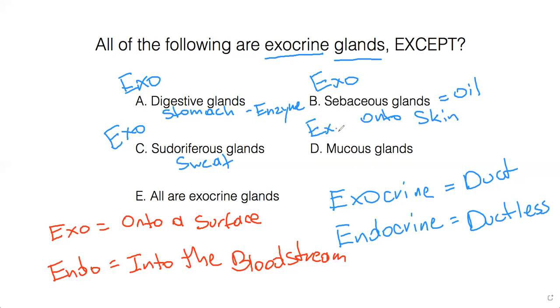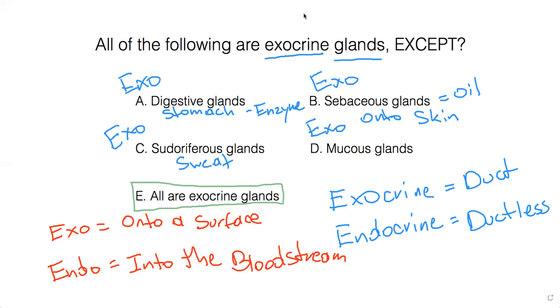So, exocrine gland. So, when we come to the end of this question, we see, okay, all of the following are exocrine glands except, well, there is no except. We see the answer is E. All of these are definitely exocrine glands.